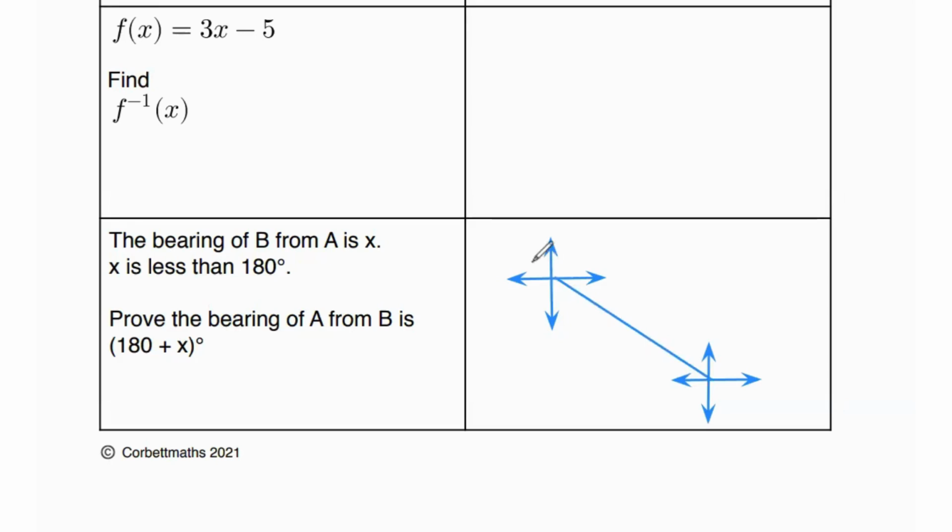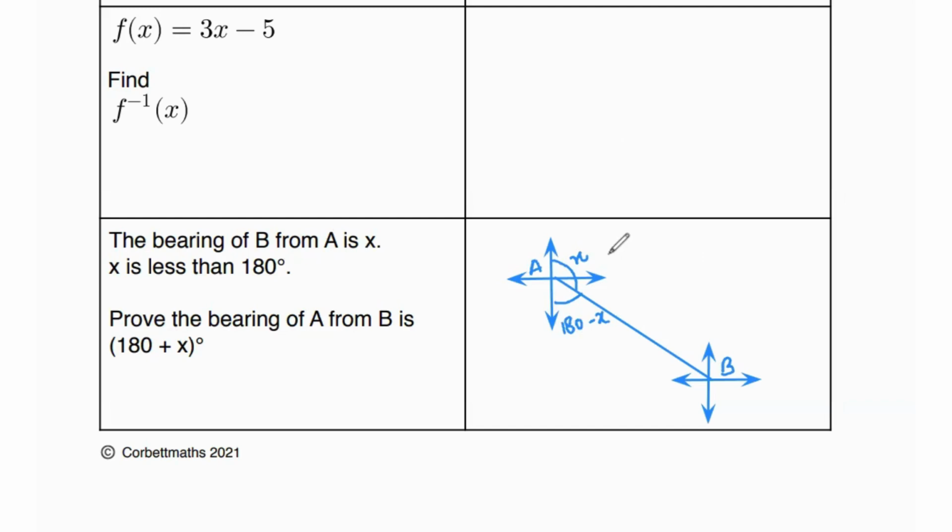They told us that the bearing of b from a is less than 180, which means b will be in the second quadrant. So whatever this value is, like let's say this is x, this value is going to be 180 minus x.